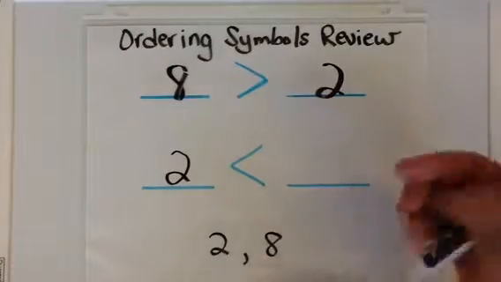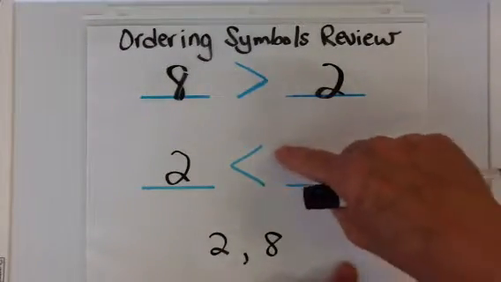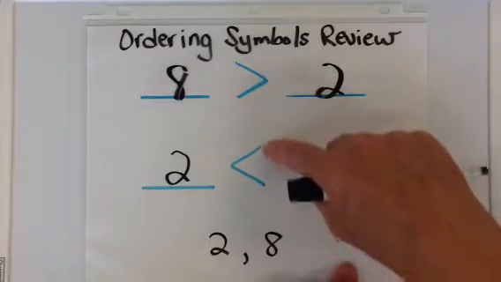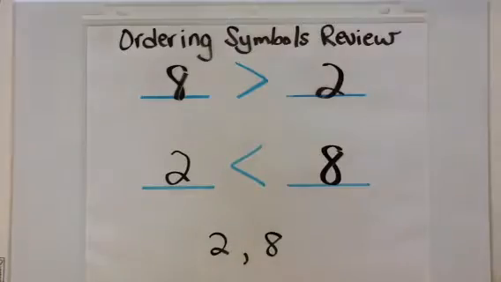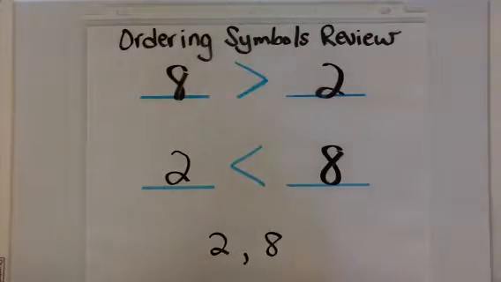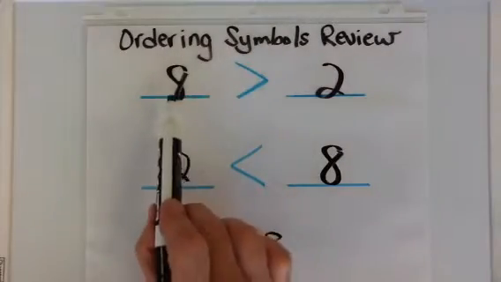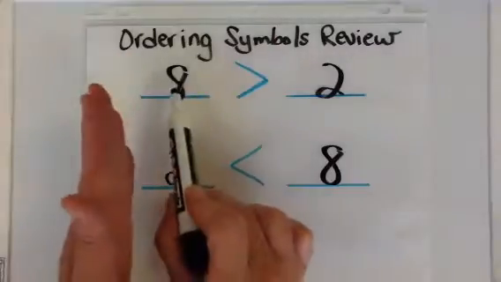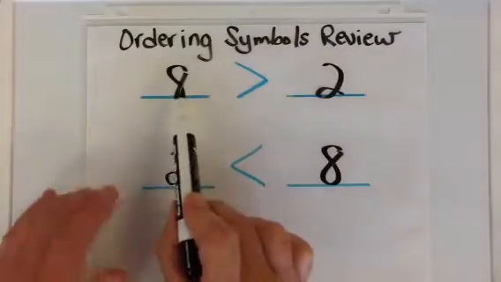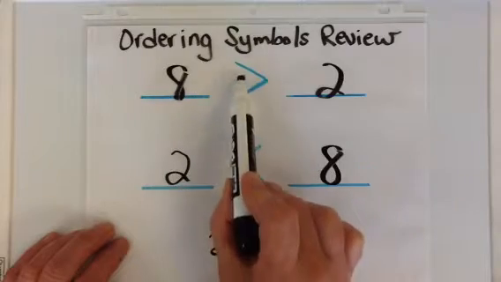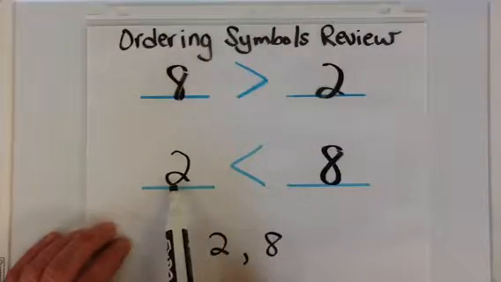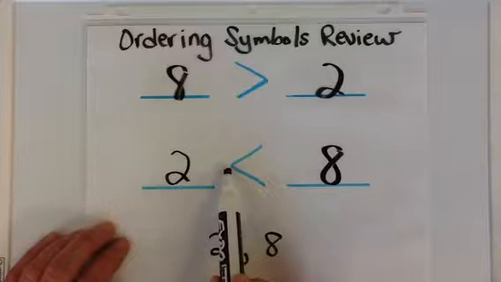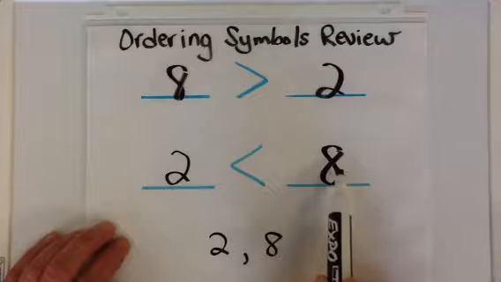And on this side, the larger number, because it's next to the wide end of the symbol. So we need to put the 8 over here. Okay, so reading from left to right, we would read 8 is greater than 2, and reading this statement from left to right, we would read 2 is less than 8.